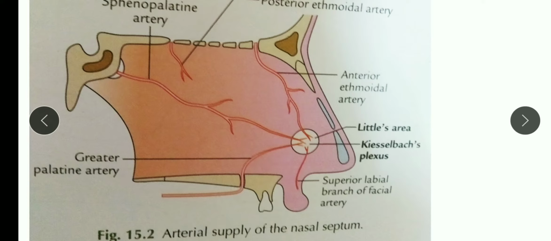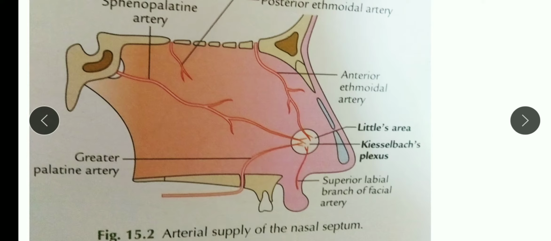What is the clinical significance of this Little's area? Little's area is the most common site of nose bleeding in young adults, usually due to fingernail trauma, that is nose picking, and small ulcer. So if the adult is doing nose picking a lot of times, or there is an ulcer, it can lead to fingernail trauma which will result in nose bleeding.